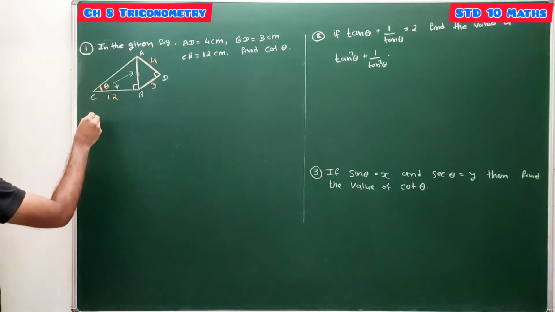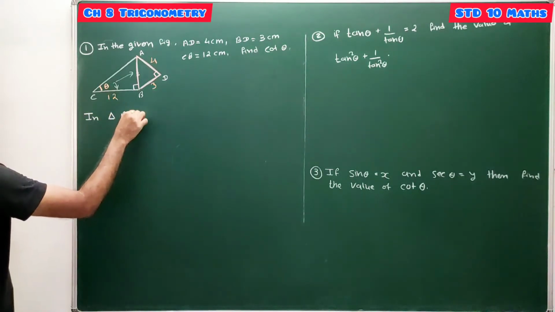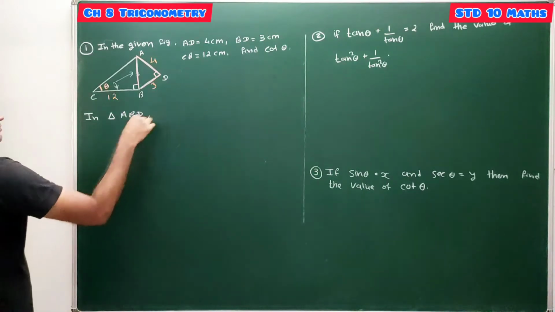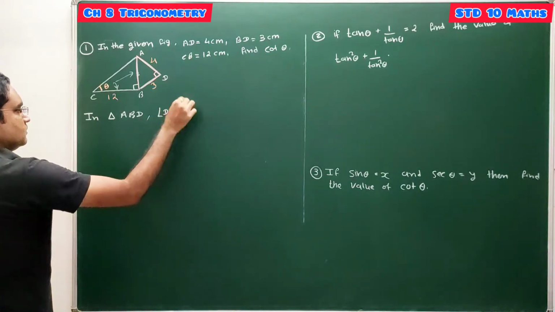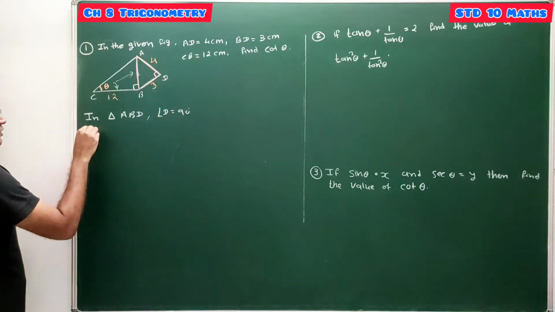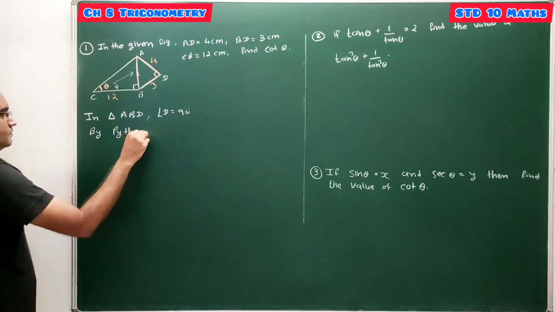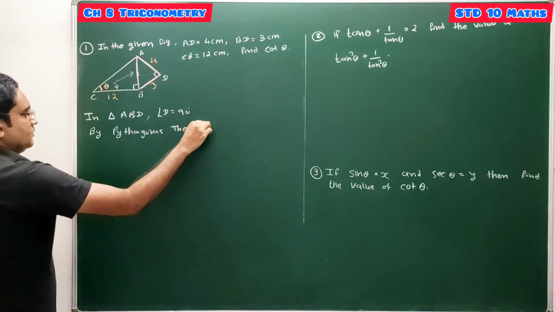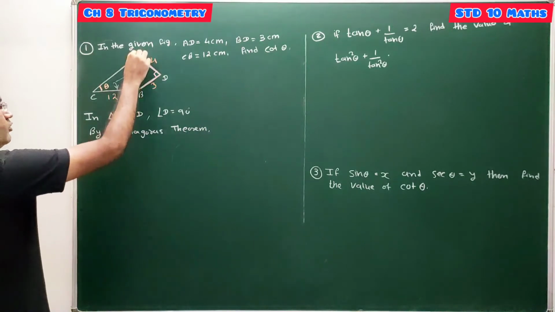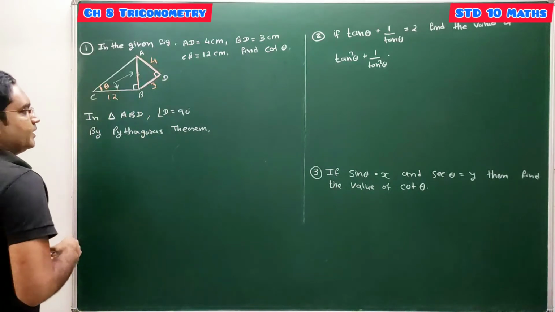So now in triangle ABD, angle D is 90 degrees. Therefore, by Pythagoras theorem, we can say that the square of the hypotenuse is equal to the sum of squares of its two sides making the right angle.